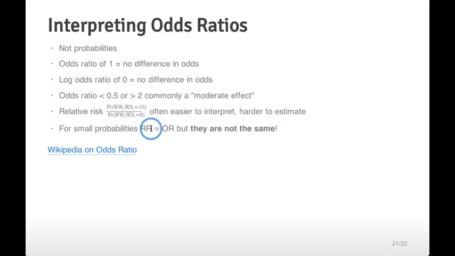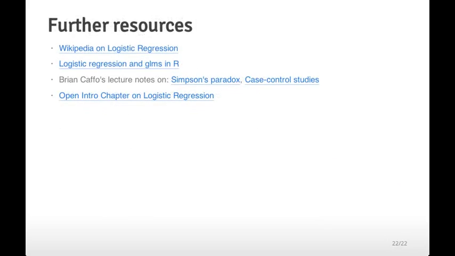For small probabilities, the relative risk and the odds ratio may be close to each other, and so sometimes people use logistic regression to try to estimate the relative risk, but in general they are not the same thing, and they shouldn't be interpreted as the same thing. It's probably the most common misinterpretation of an odds ratio to treat it as a relative risk. This Wikipedia article on the odds ratio has a lot of information about how you can interpret the two and what the relationship is between relative risks and odds ratios.